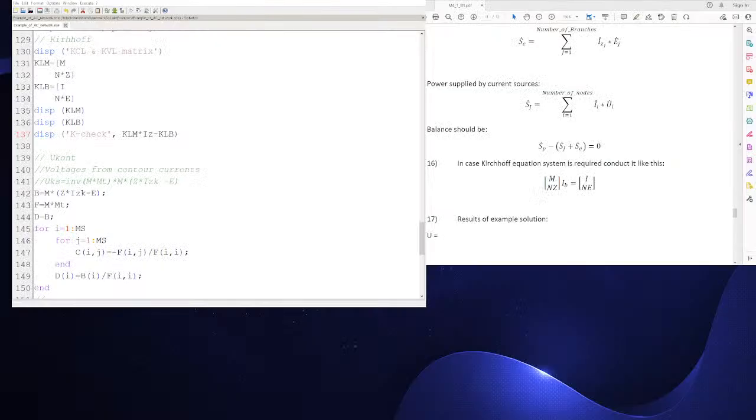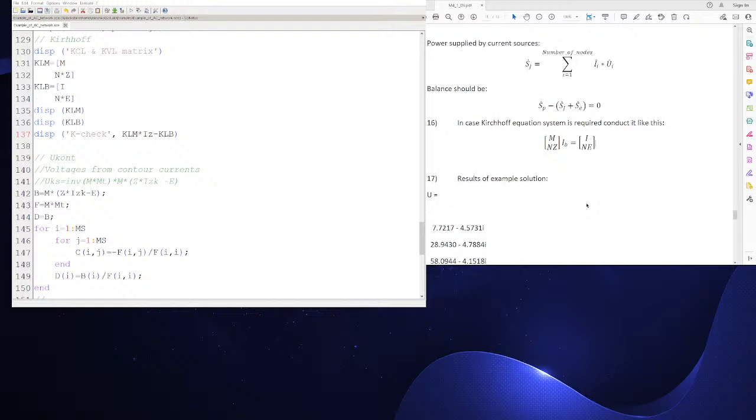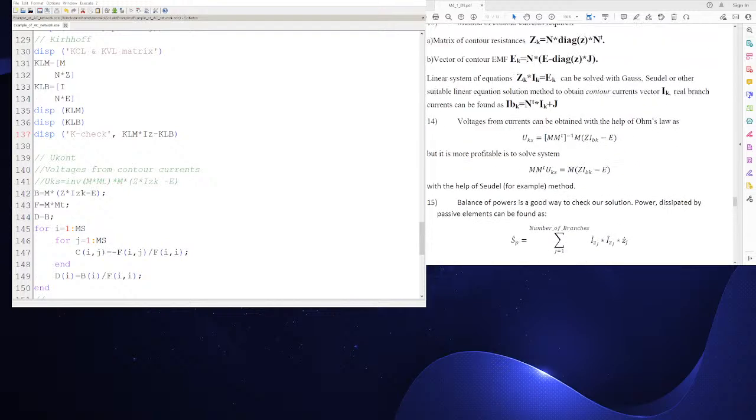And the last one moment. If I use a contour solution, how can I get a voltage? In theory, I can use this equation, but much easier is to solve a system of linear equations. It's really much easier.